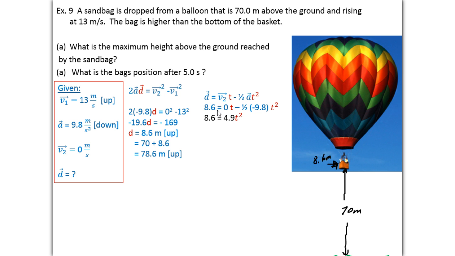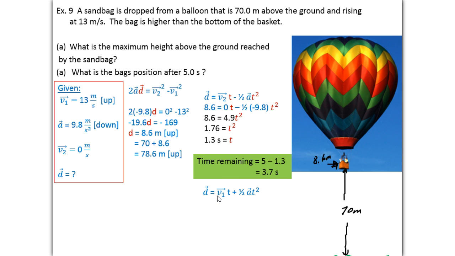So this goes away. So half times 9.8 is 4.9. Negative times negative is a positive. Solve for t. First you need to divide by 4.9. That leaves you 1.76. Take the square root, 1.3 seconds. So if it's traveling for 5 seconds, it used 1.3 seconds to travel up, which means we're only going to look at 3.7 seconds while it's traveling down. So it took 1.3 to go up, and now how far does it travel in the 3.7 seconds left?